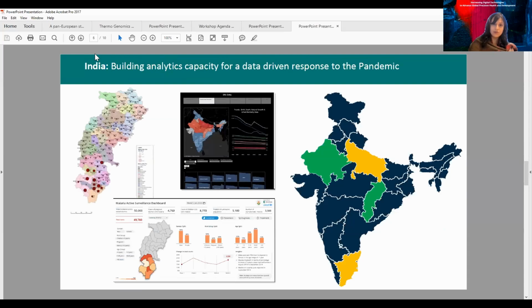Over the past 2 years, and this is largely pre-COVID and early days of COVID, we worked very closely across India and Sub-Saharan Africa. The focus there was, again, looking at primary use cases. In India, we looked at malaria and what active surveillance for malaria looks like. How does one inform outreach? How does one gather the data?